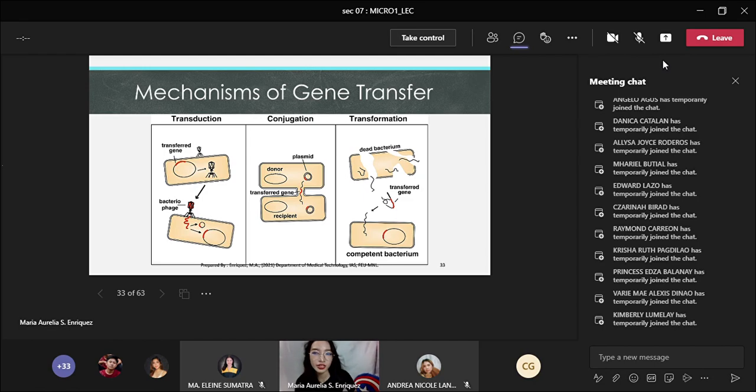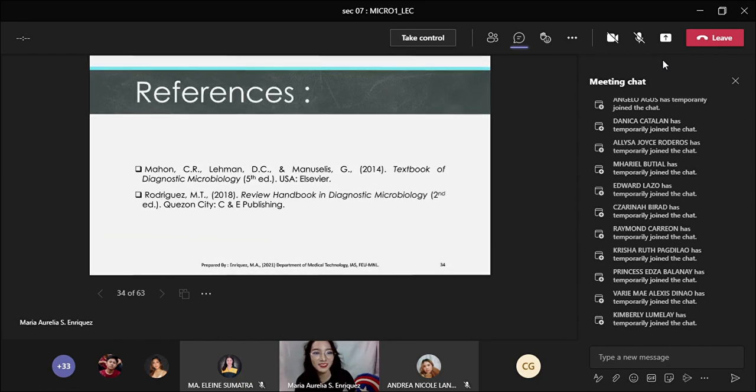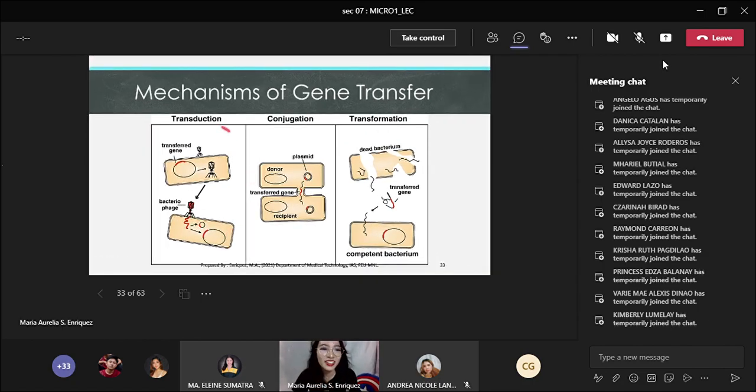Okay, here at slide 33, we have illustrations on how each mechanism of gene transfer would work. So first is transduction. In transduction, a bacteriophage infects a bacterial cell and passes on the genome that it has acquired from the previous bacterial cell that it has infected.